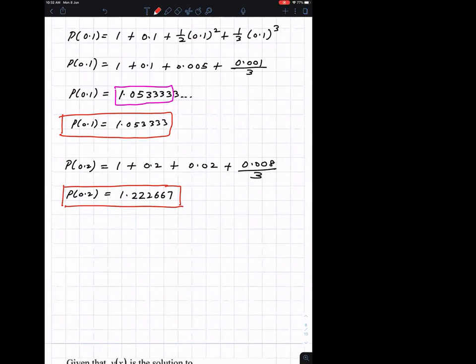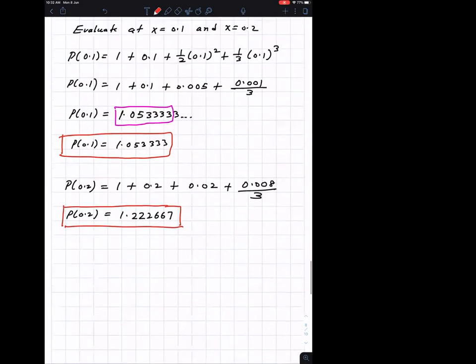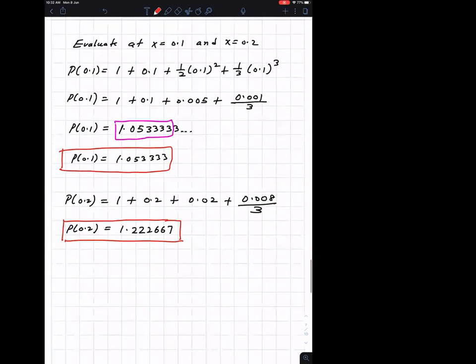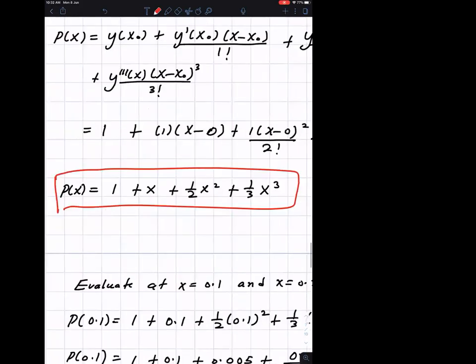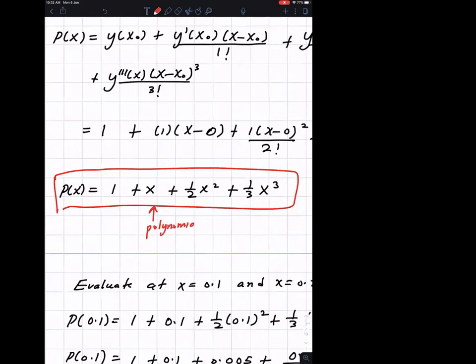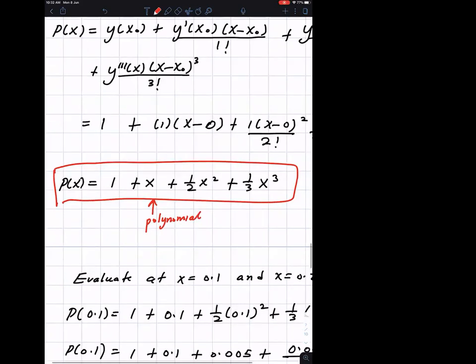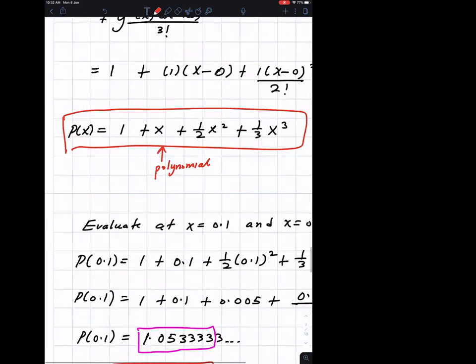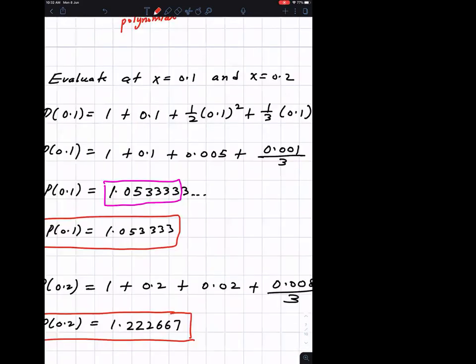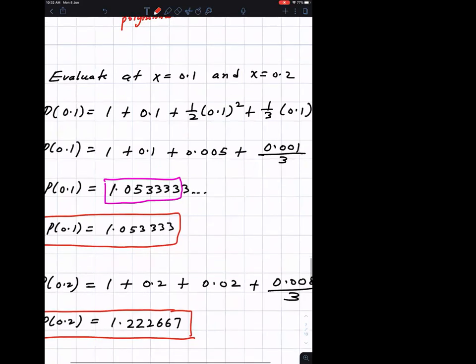Probably you just create the, if you're told to find the Taylor series polynomial, and this is the Taylor series, this is the polynomial. Once you find the polynomial, then you will be able to evaluate the polynomial at various points, for x equal to 0.1, x equal to 0.2, and so on. These are approximations.